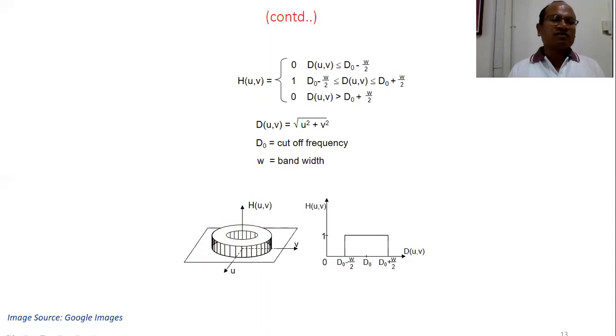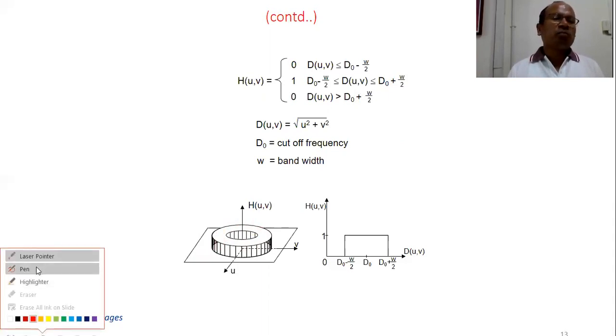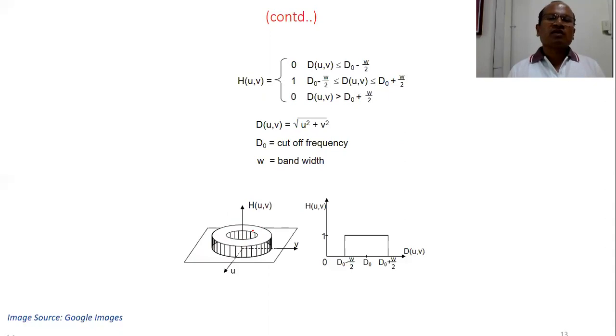See here, this is the area, and after this it will be rejected, and this is the area where the signal will be passed. And these lines are the lines for rejection.